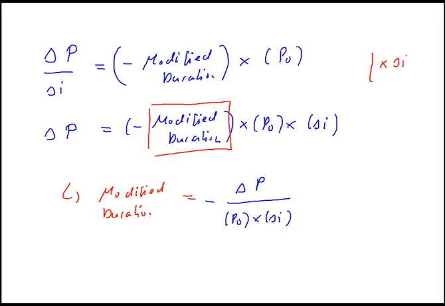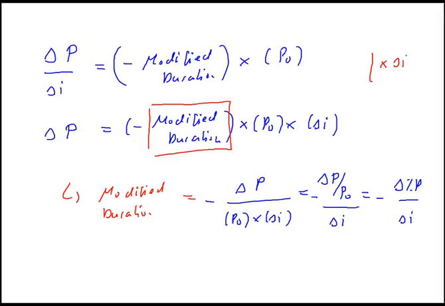We can rewrite this equation as follows. That's the change in the bond price divided by the price of the bond before the change in interest rates, divided by the change in interest rates, and the change in the bond price divided by the bond price is the percentage change. So that's the percentage change of the bond price divided by the change in the level of interest rates.